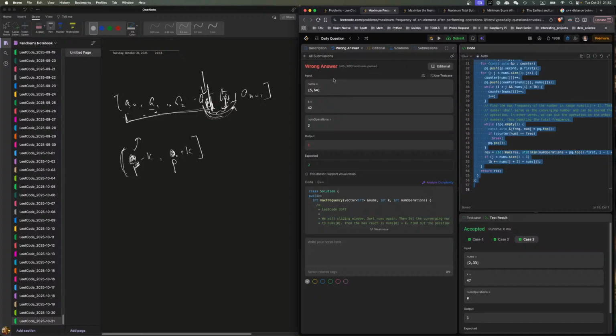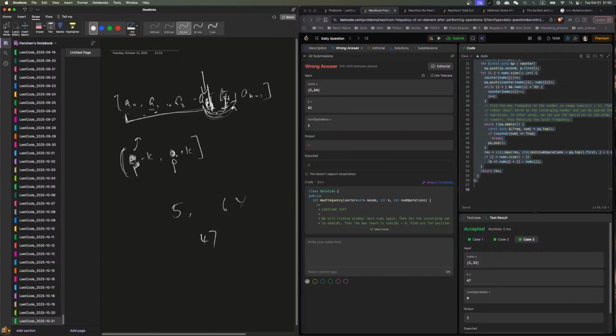The ideal left bound is like something in the middle, right? Because it should be this one plus 42, so 47. So if we have 5 and 64, 47 is the left bound, because this is the max value that we can include, and we'll get 47 plus 42.